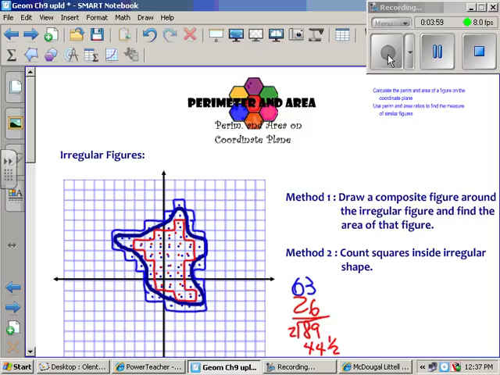Another way, the way that computer programmers do it now, is they get as close to the shape as possible, going inside and outside, just trying to come up with as close a shape as they can, just inside and outside the boxes, like that. Can you see the difference?